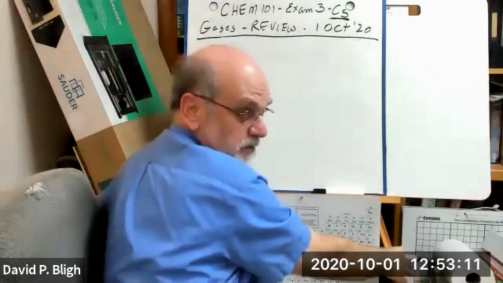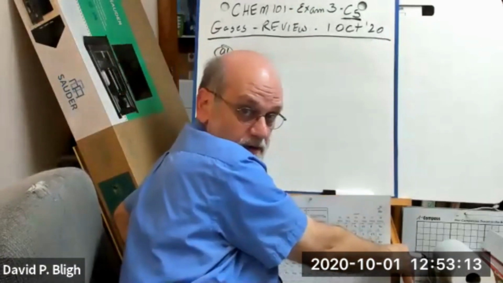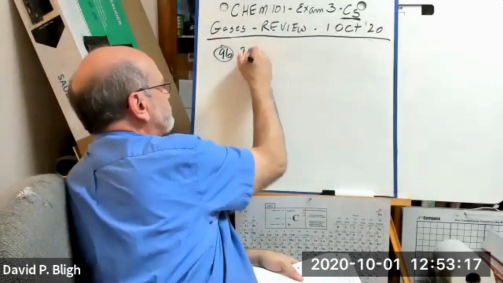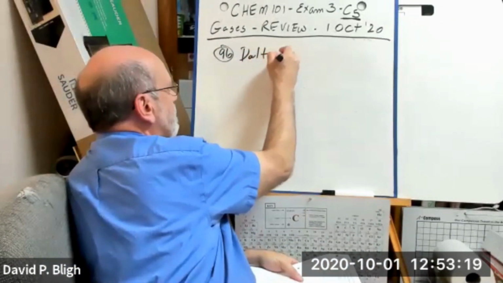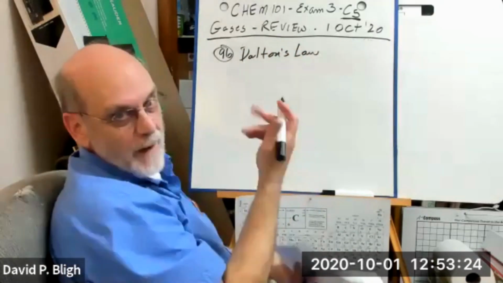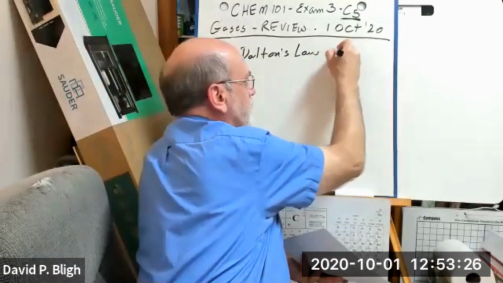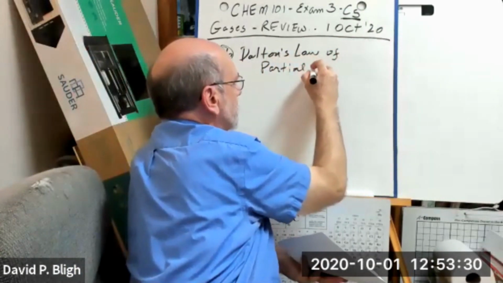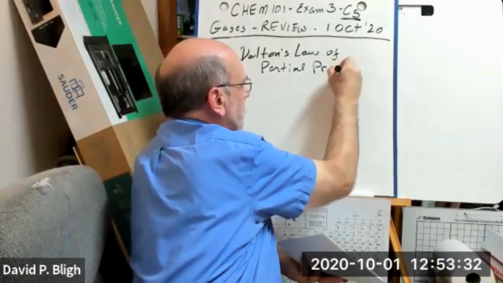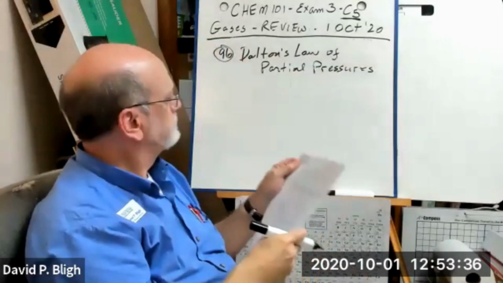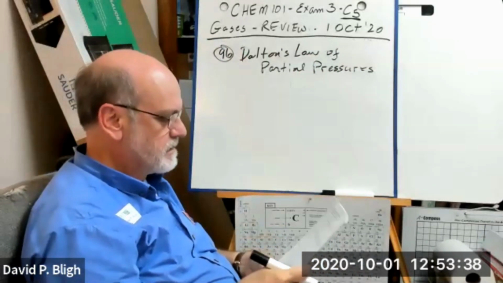Still on, yeah, I'm still in frame. There we go. Dalton's law. Actually, we don't stop there. Dalton's law of partial pressures. I think Dalton's got another law that we studied already.